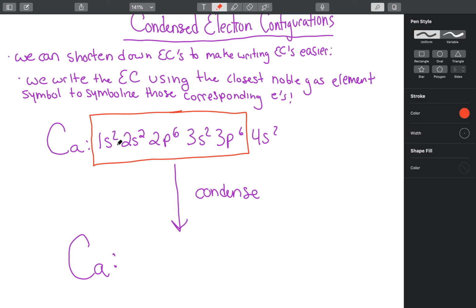So argon has an atomic number equal to 18, and it's basically the closest noble gas electron configuration to calcium. So we basically condense this part of the electron configuration of calcium to argon. So we just write argon here, and then 4s2. So this is the condensed electron configuration.